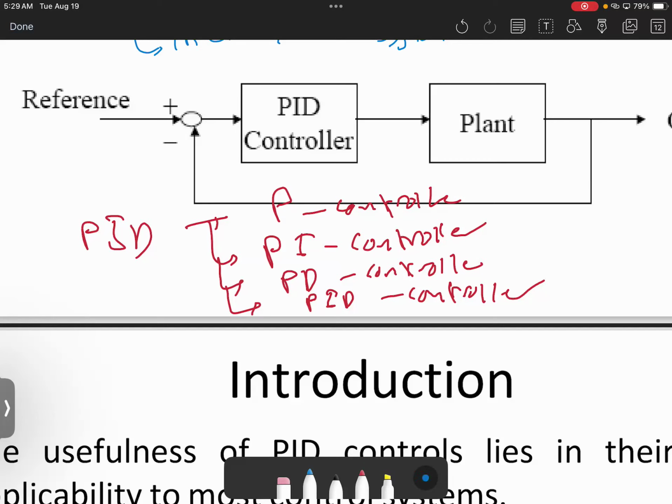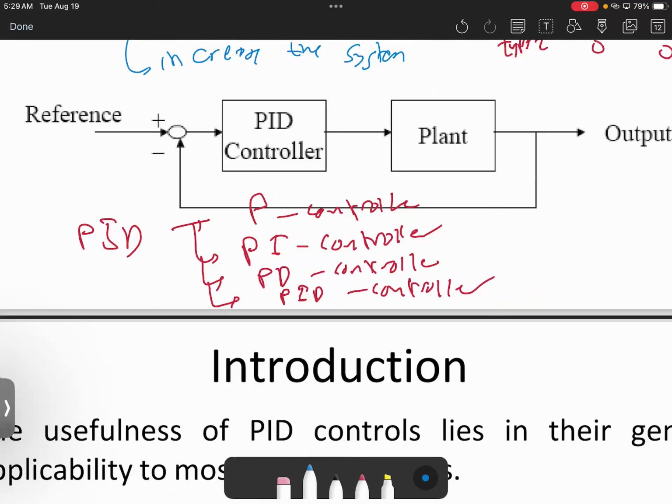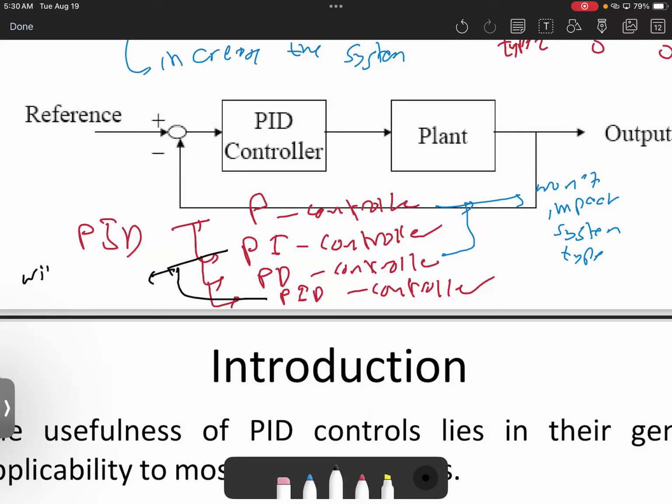The P controller will not impact the system type. So I would say P and PD won't impact the system type. However, when we talk about PI and PID, they will increase the system type by 1.